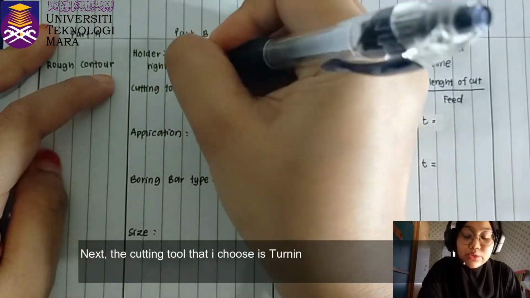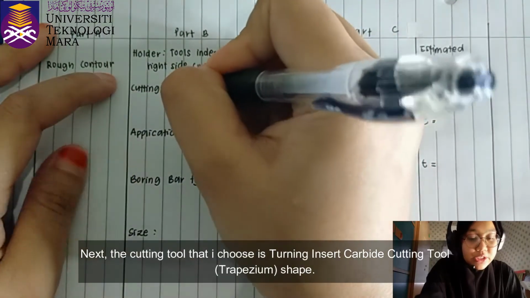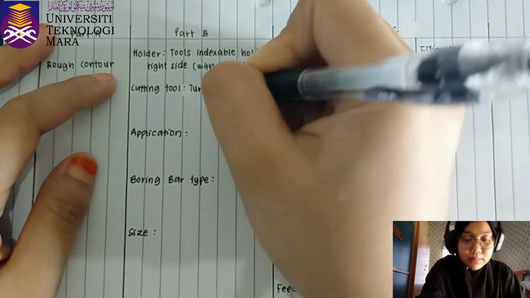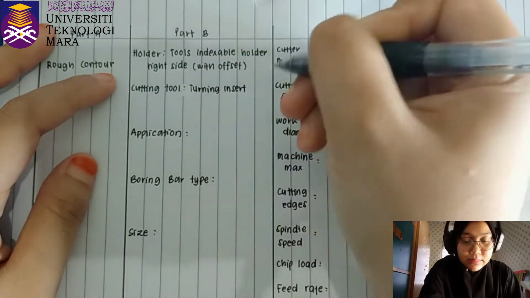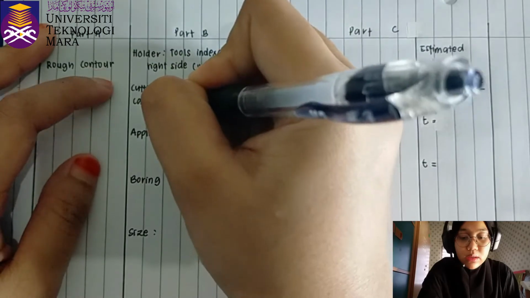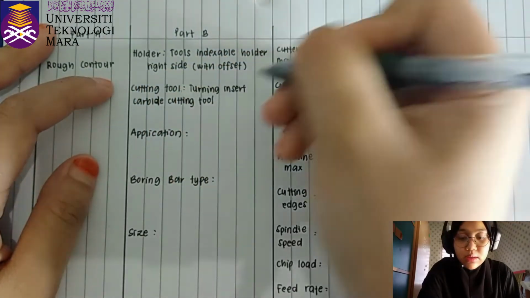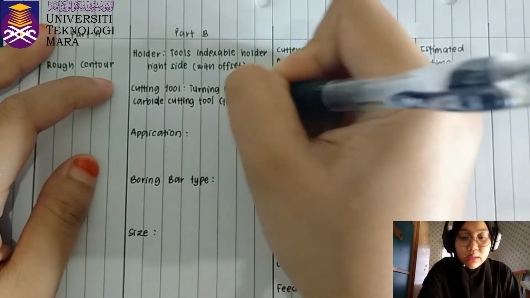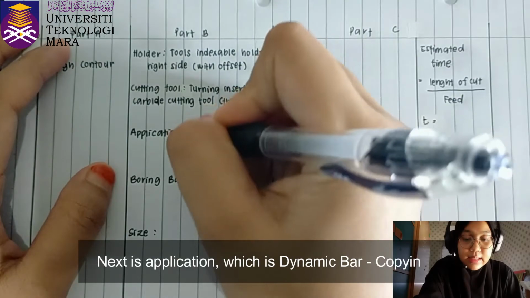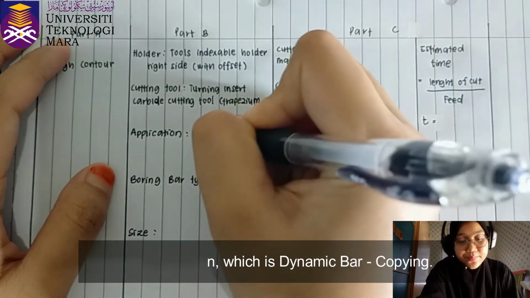Next, the cutting tool that I choose is a turning insert carbide cutting tool, trapezium shape. Next is the application, which is dynamic bar copying.